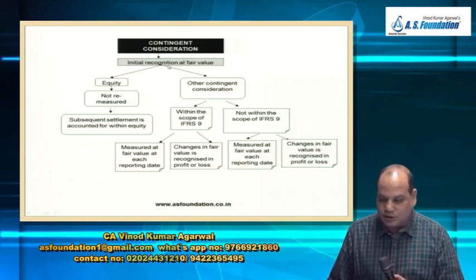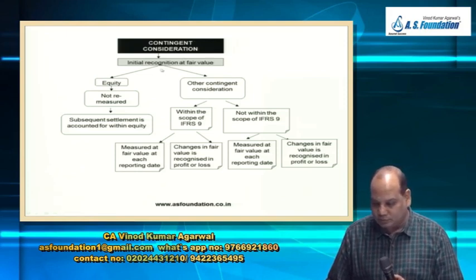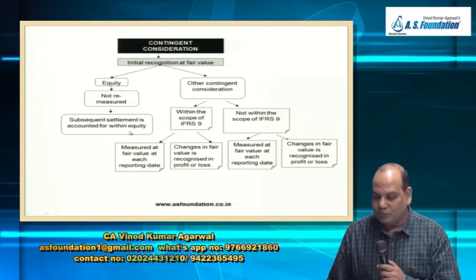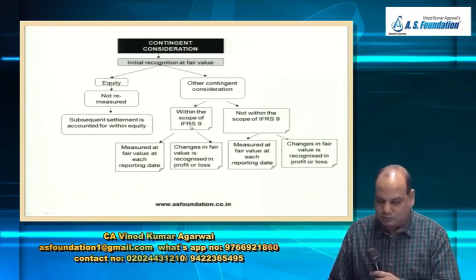So for contingent consideration, let us summarize. Initially, it will be measured at fair value. And then it may be either classified as equity or others. If it is classified as equity, not subsequently remeasured, subsequent settlement is accounted for within the equity only. Even if it is settled, it will just move from one equity account to other equity account. But if it is other contingent consideration, it may be within the scope of IFRS 9.